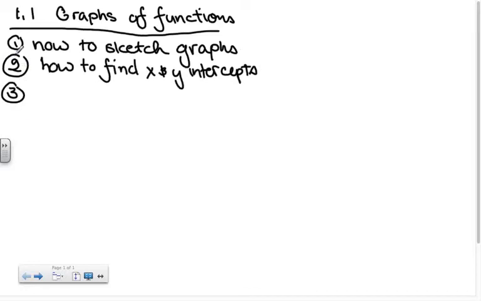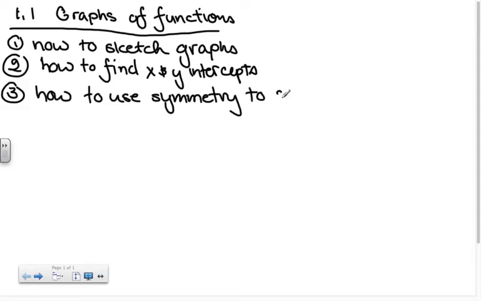Third thing we want to do is how to use symmetry to sketch graphical equations.